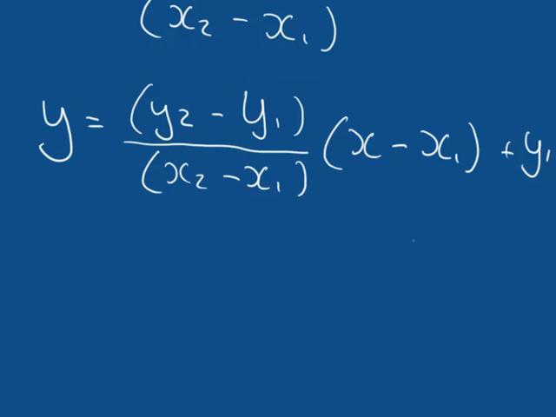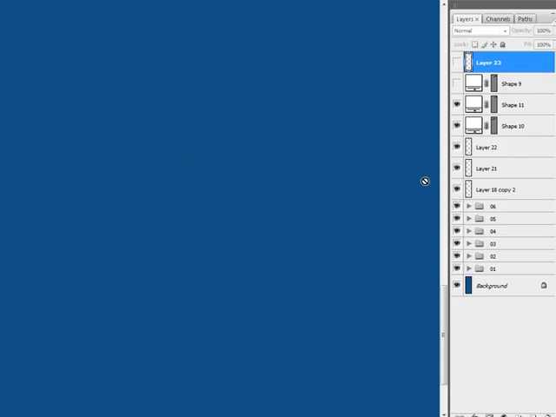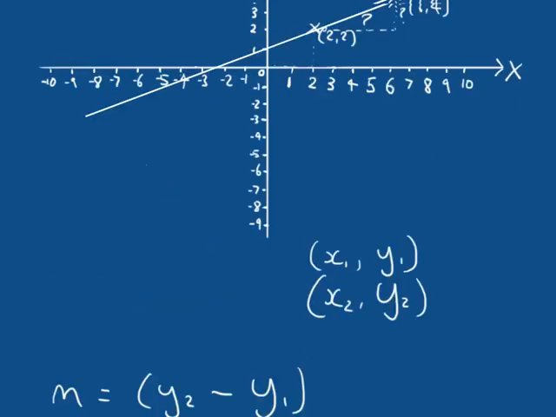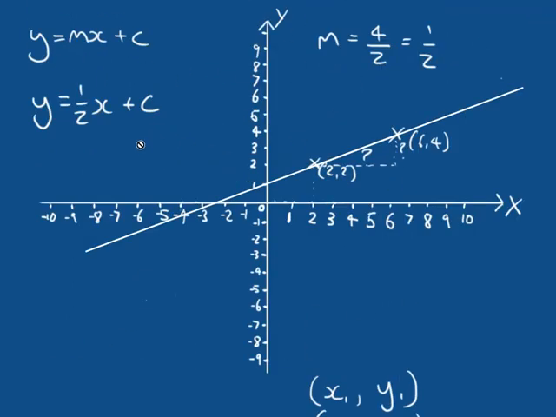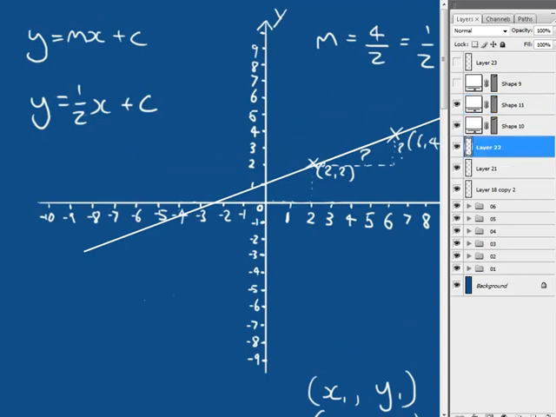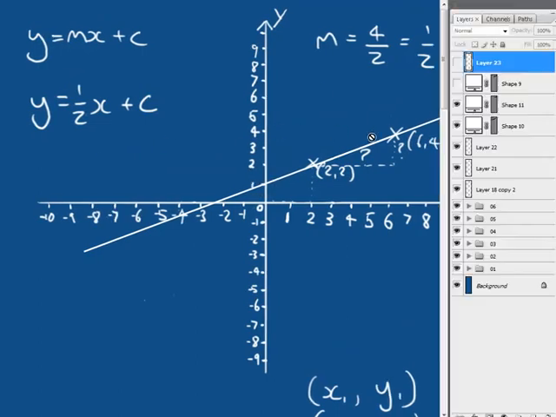So we can test this. We can test this using the points that we've been given in our earlier example, (2, 2) and (6, 4). And let's make sure that we get the same answer. So just to verify, as I scroll back up, we saw in the end that our intercept value c was 1.